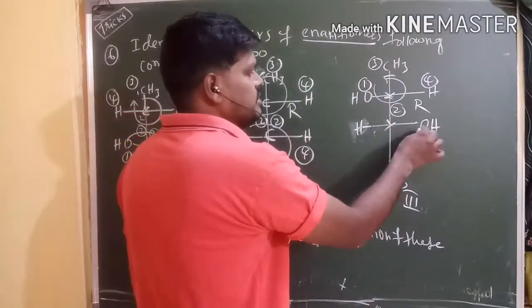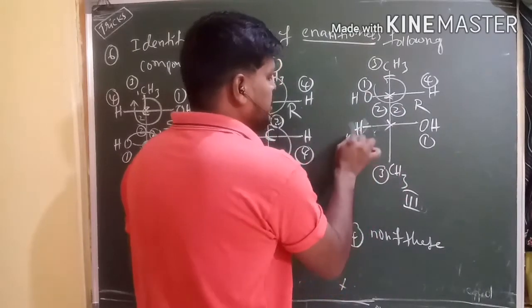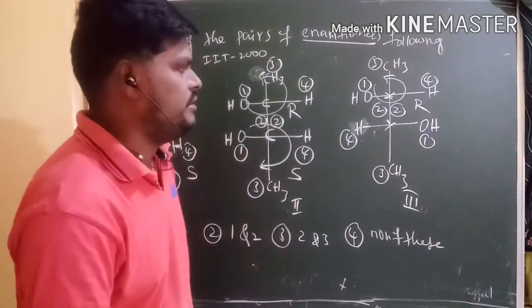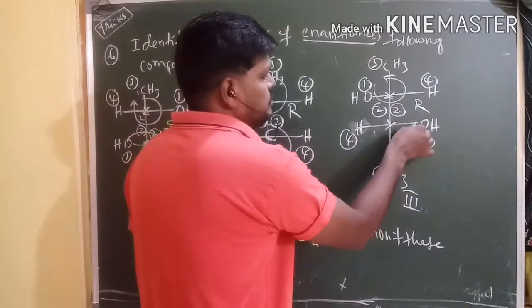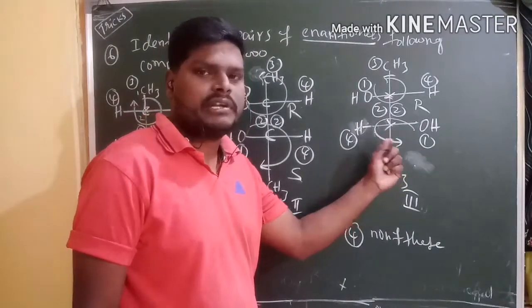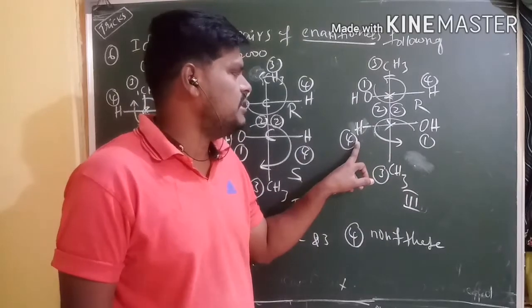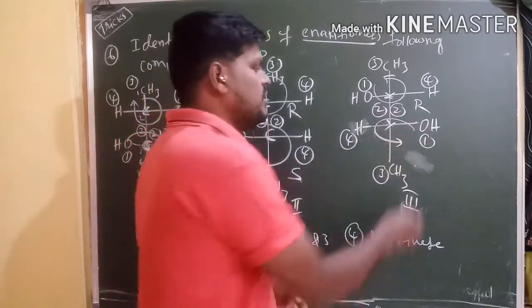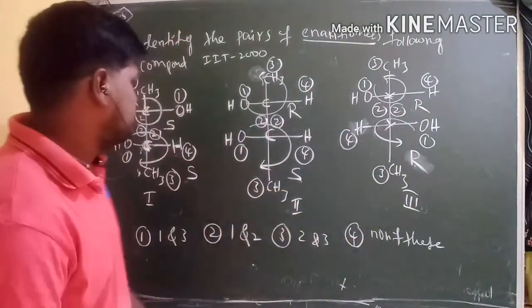Coming to this chiral center: the direction 1 to 2 and 2 to 3 is anti-clockwise, so the expected configuration is S. But the least priority is on the horizontal line, so take the opposite: R configuration. So R configuration, R configuration.